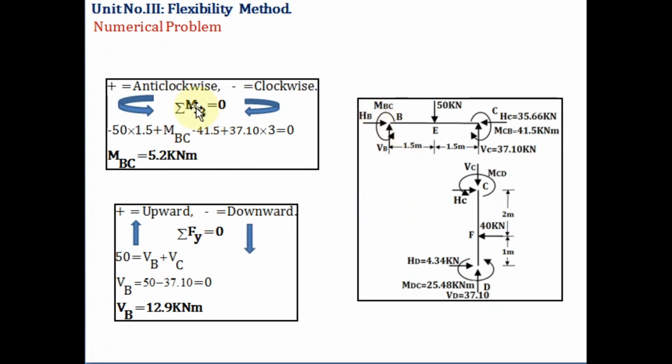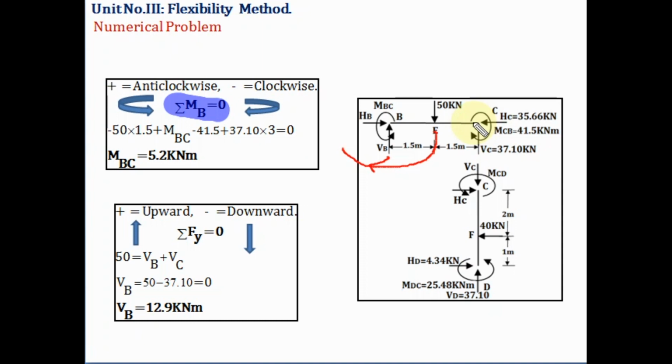After finding the values at joint C, we will find the unknown values at joint B. For that we again consider moment at B equal to 0. Consider clockwise negative, anti-clockwise positive. First, the point load is acting like this, so it is acting clockwise, minus, and the distance is 1.5.